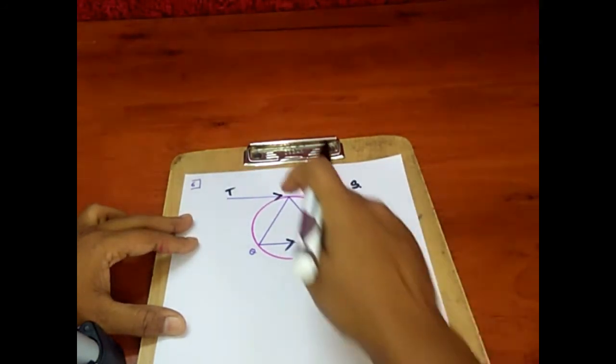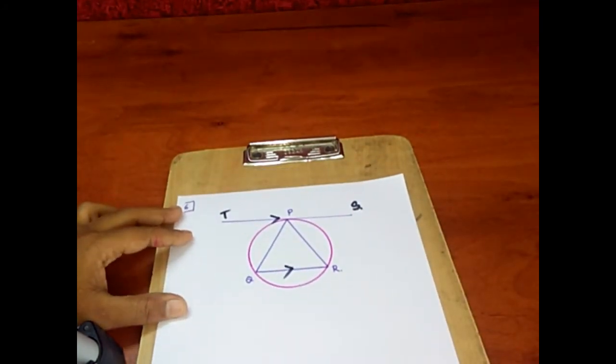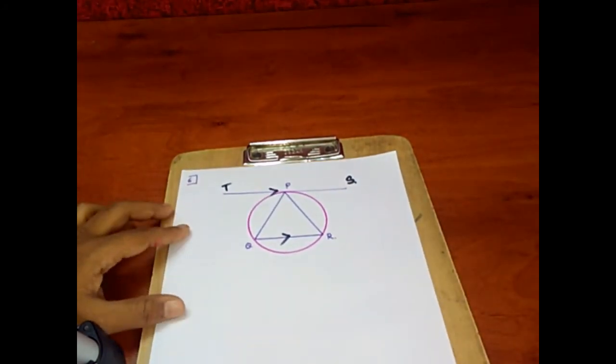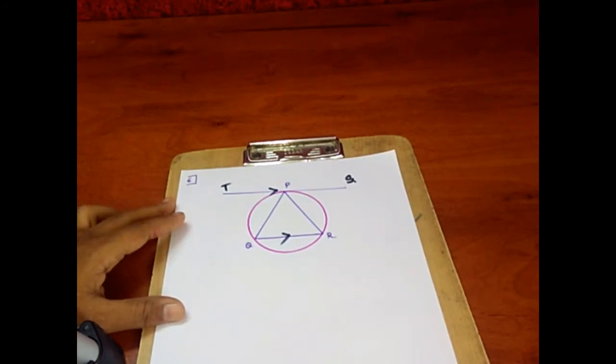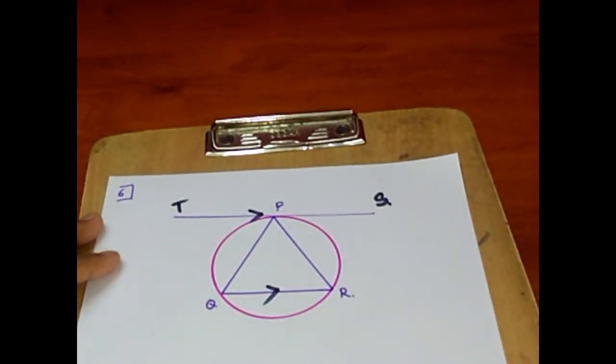Now we need to prove that PQR is an isosceles triangle. Isosceles triangle means either we need to prove two angles or the two sides are equal. Very simple question. First let us discuss, later we'll write the solution. Point number 1.